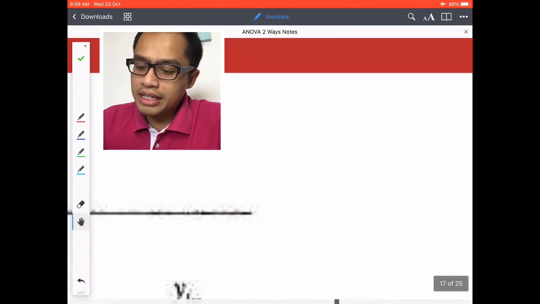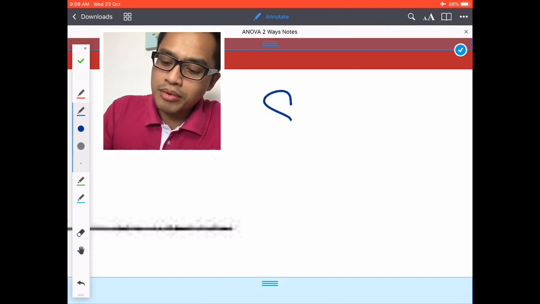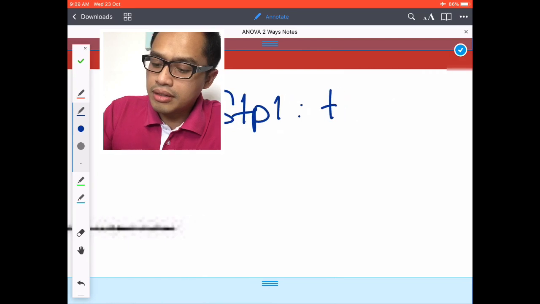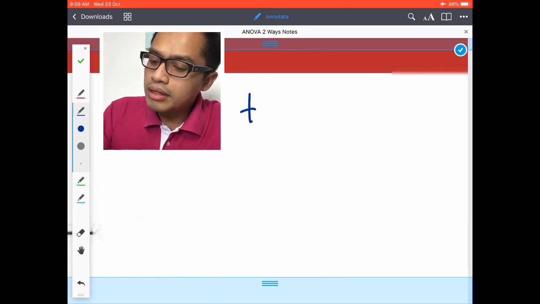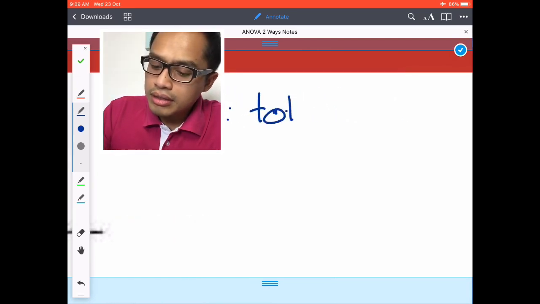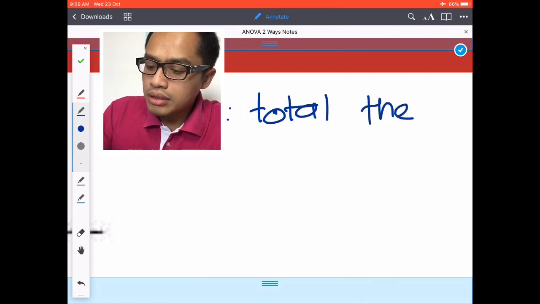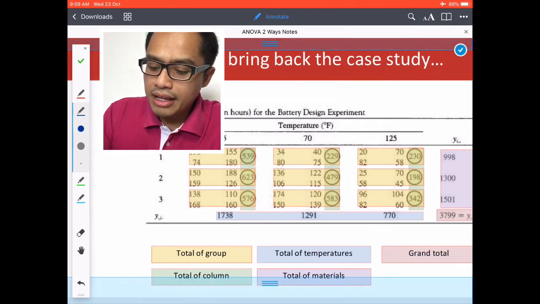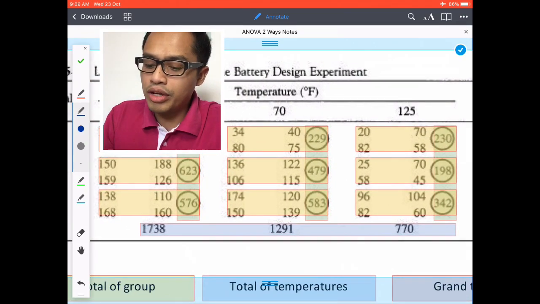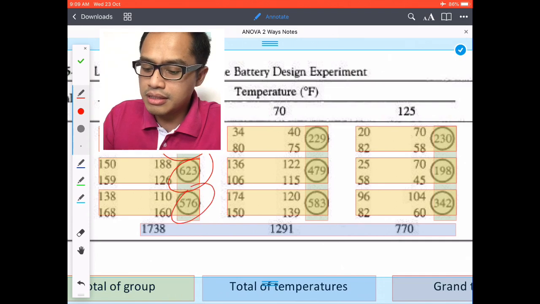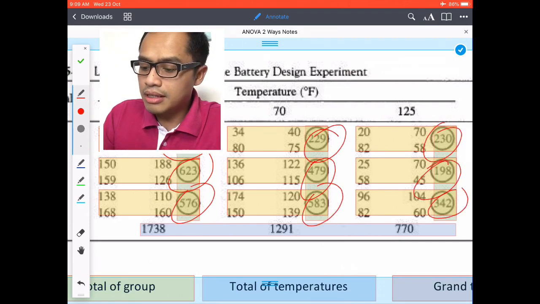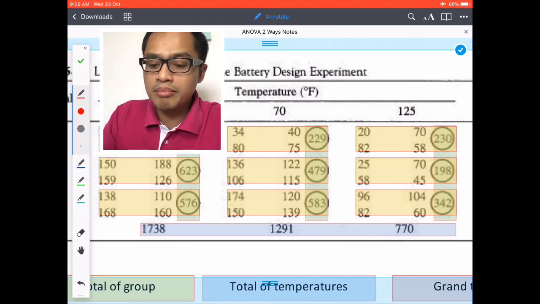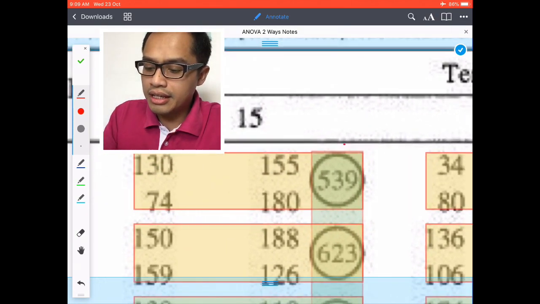Let's write here the steps. Step 1, total the group. What I mean by that, you can see here there are circles for each of the groups. How do we get these numbers? Let's say 539.